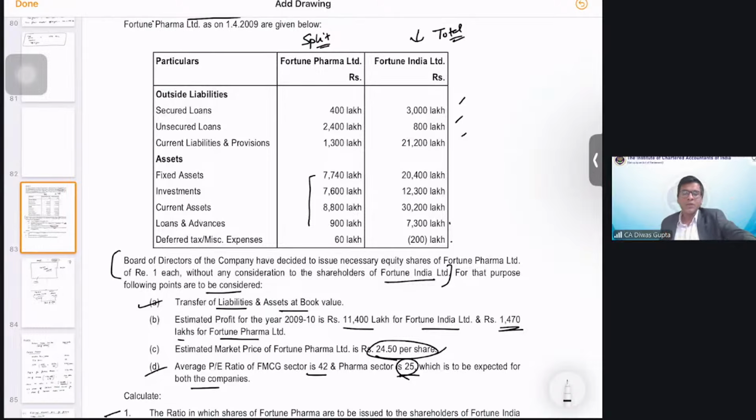Let's do the total. 7740 till the miscellaneous expenses also. This is 7740, 7600 plus 8800 plus 900 plus 60.